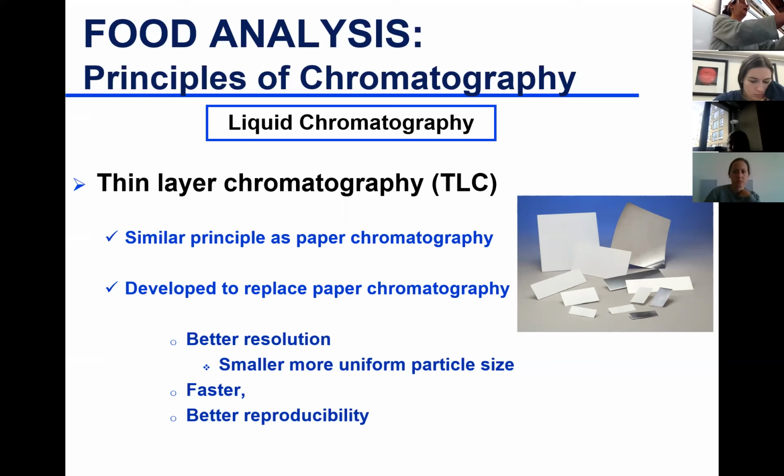So you don't have an overlap, you have two separated peaks. So when we say better resolution, we mean clearer separation, because we have smaller and uniform particle size. So your silica particles, for example, are uniform and smaller.